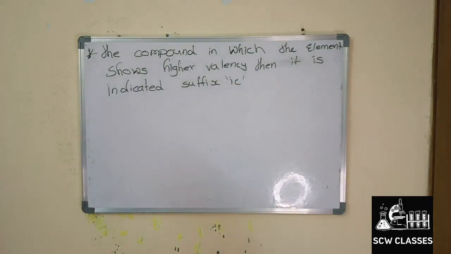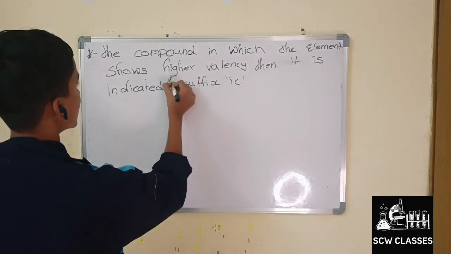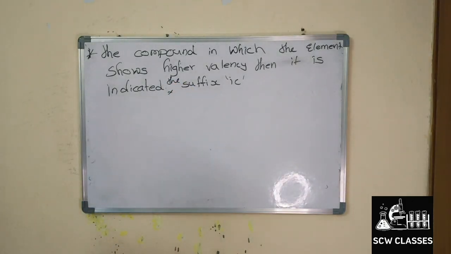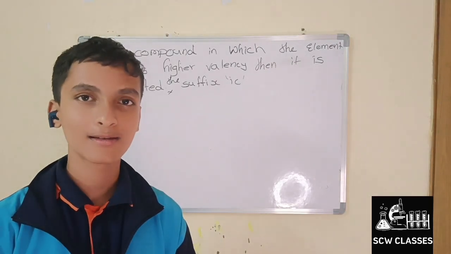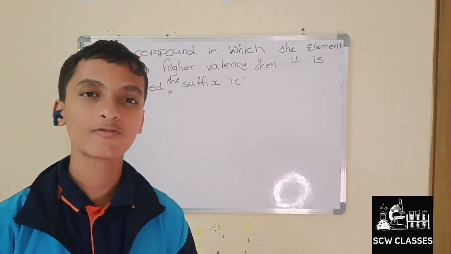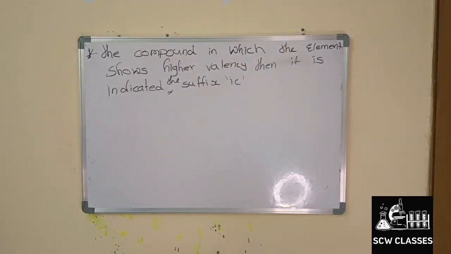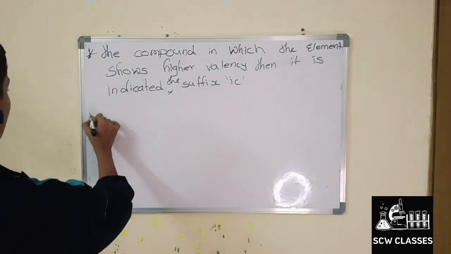Clear? If the compound has lower valency, then the suffix is -OUS.